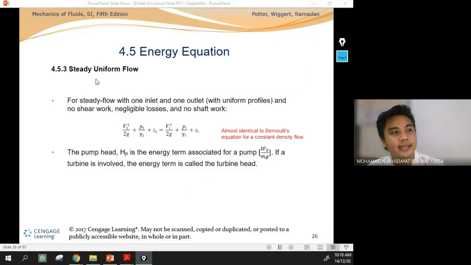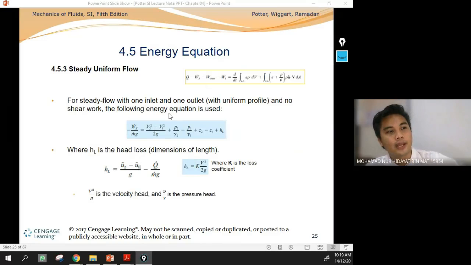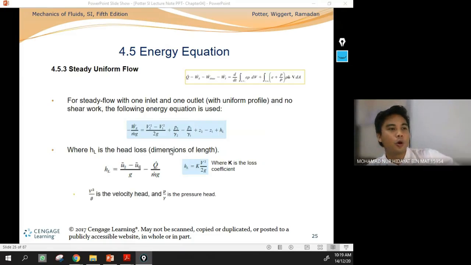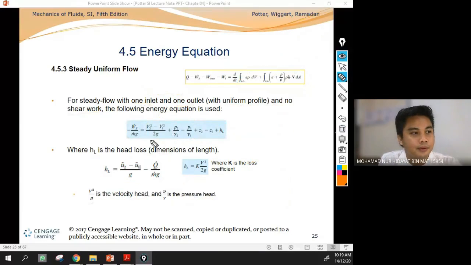If it is the case of steady uniform flow with negligible loss, all right, the previous case is when there is loss. However, in this case there is no loss, negligible loss, and no shaft work. So all these terms cancel.